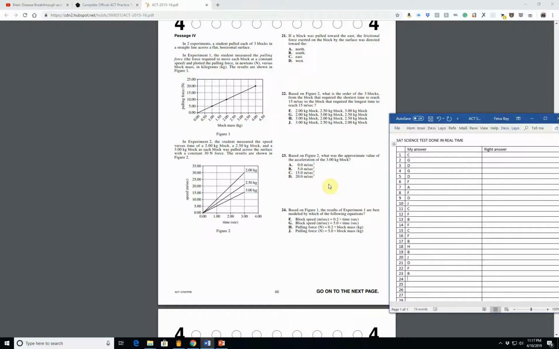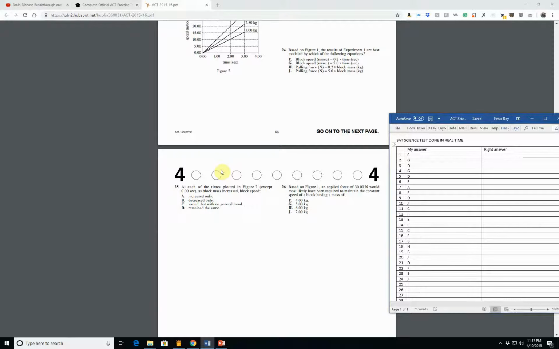Just about exactly, because 10 lines up with 2, 15 lines up with 3, 20 lines up with 4. It's almost like it's a contrived ACT problem. Alright, excellent. So pulling force is roughly 5 times the block mass. Okay, cool.